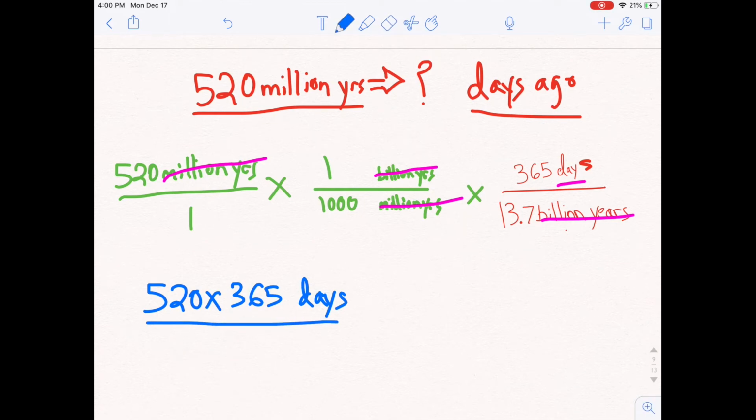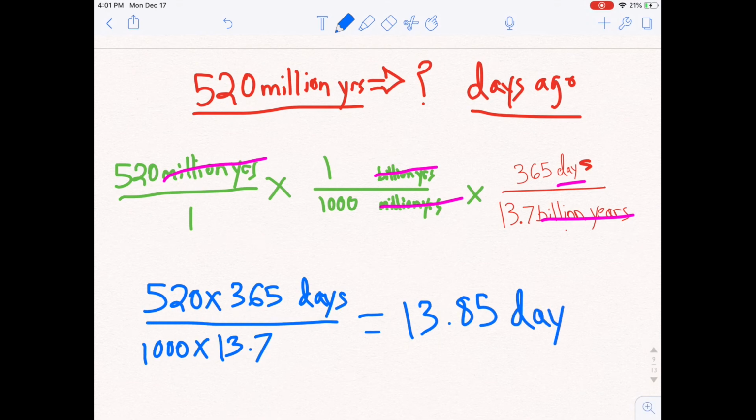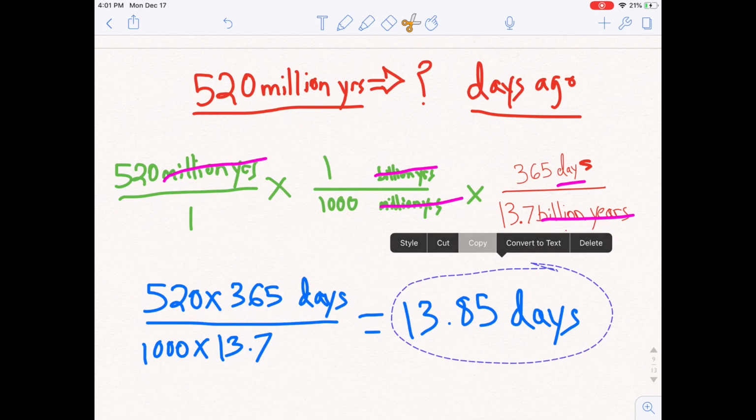I said it already. 1,000 times 13.7 equals, and I'm going to do this on my calculator off to the side that you can't see, divided by 1,000. 13.7. And I get 13.85 days. Cool. And this is the number that I am happy with. I'm going to keep and put in my worksheet.